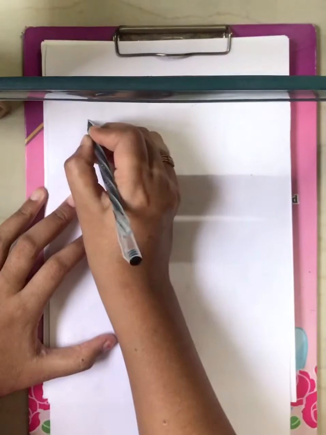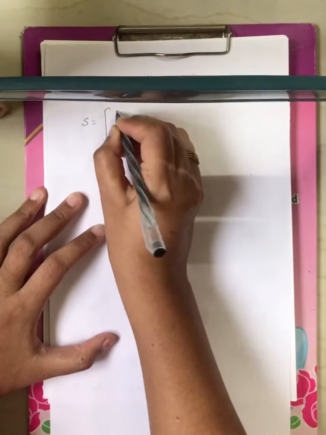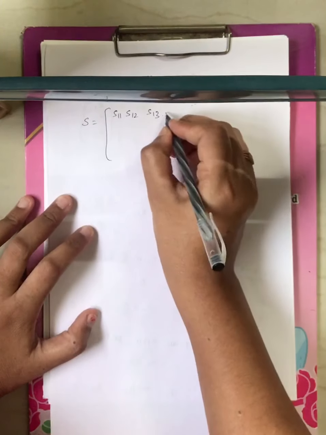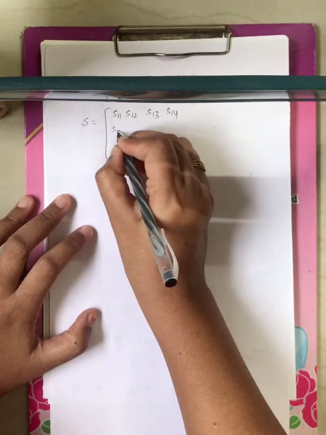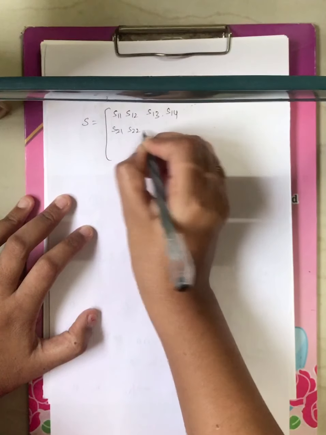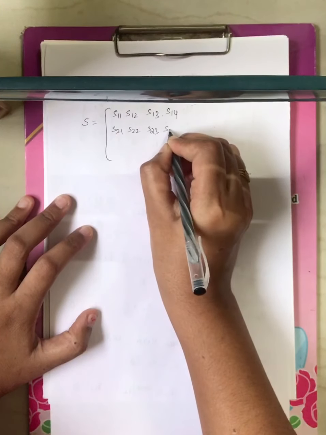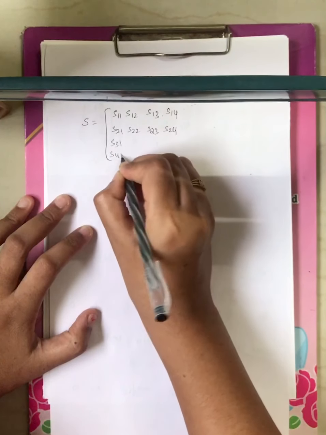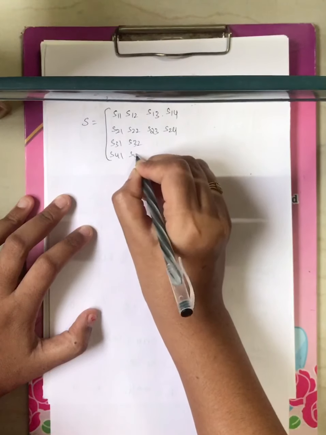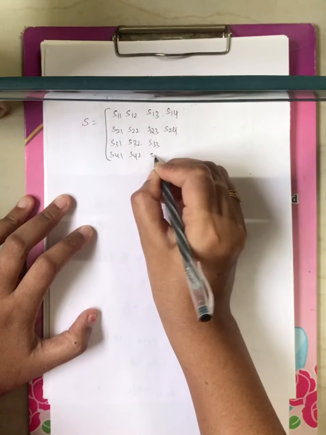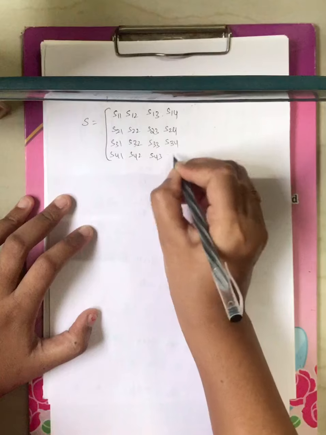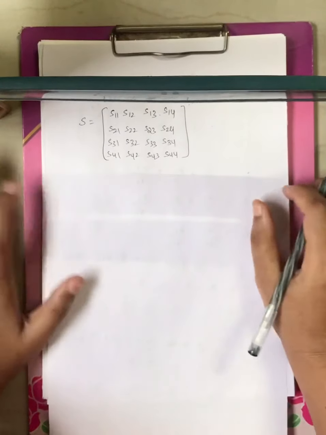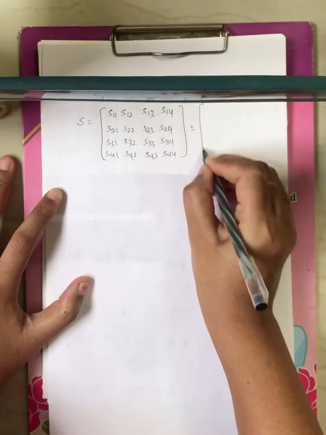Now S is nothing but S11, S12, S13 and S14, S21, S22, S23 and S24, S31, S41, S32, S42, S33, S43, S34, S44. Now substitute all the properties, and I am writing the final S matrix.